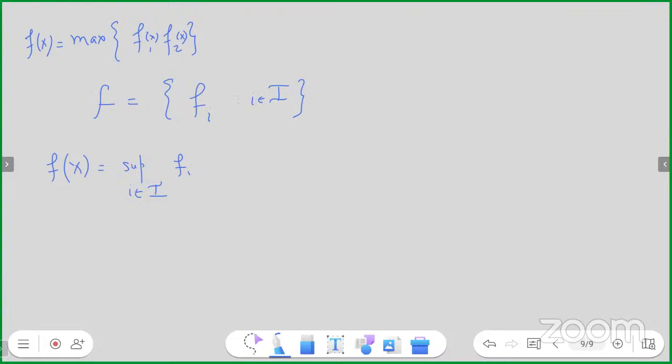If there are three functions on the top, f1, f2, f3, what would be the answer in terms of the epigraph of f? The intersection of the three epigraphs, or of 4, 5, 6, 7, I keep doing this. At the bottom I've just written a family indexed by script I. So what is the epigraph of f? The intersection of the epigraphs of those with that index.